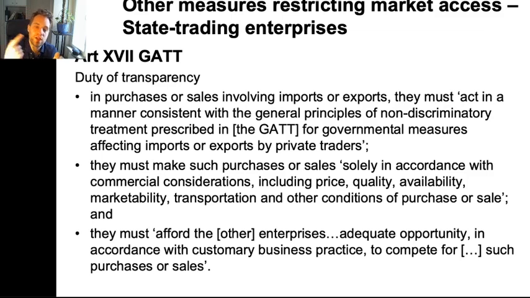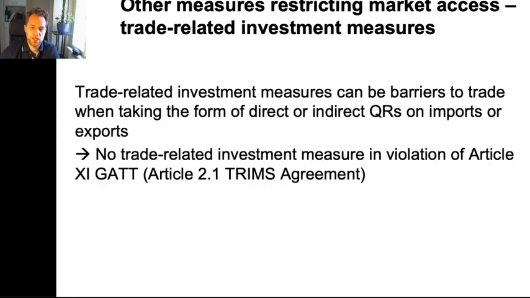When making such purchases or sales, they have to act solely in accordance with commercial considerations, including price, quality, availability, marketability, transportation, and other conditions of purchase or sale. And last but not least, they have to afford all other enterprises adequate opportunity to compete for such purchases or sales. So they have to act as if there were a normal market, so as to prevent an indirect circumvention of trade obligations by states.